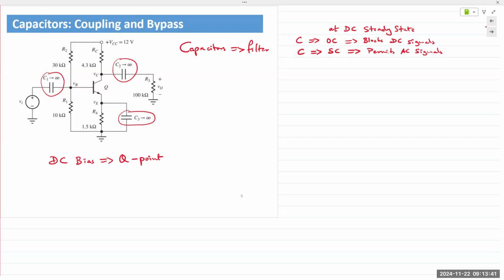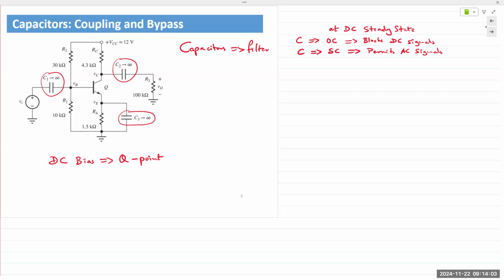Now, if you have any unwanted DC signals appearing at the input, your Q point is going to shift away from its original value. And so we don't want that. And so we place a capacitor C1 at the input terminal to block any unwanted DC components that shift the Q point away from our desired value.